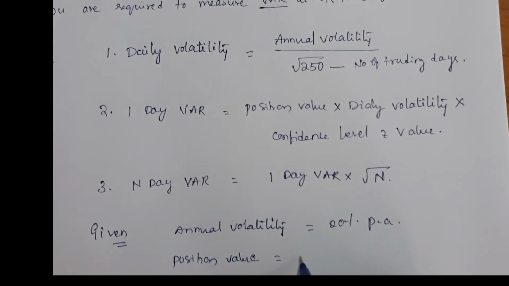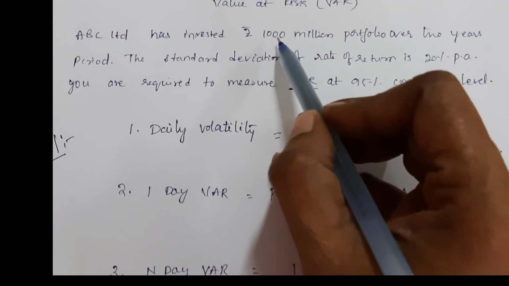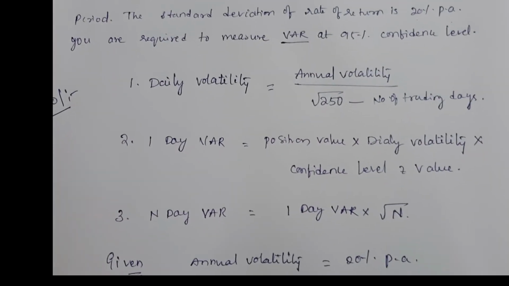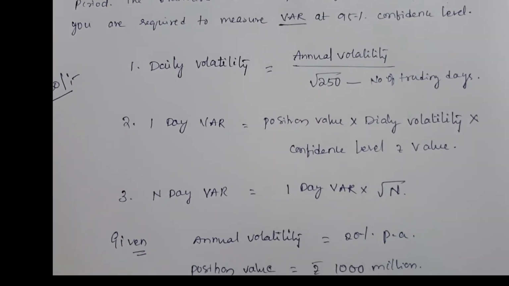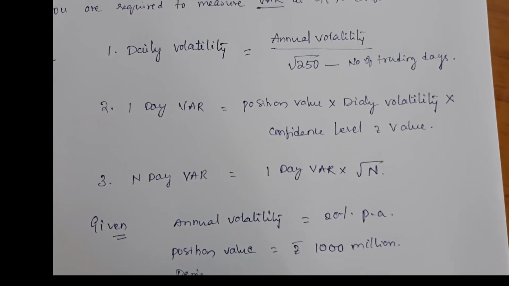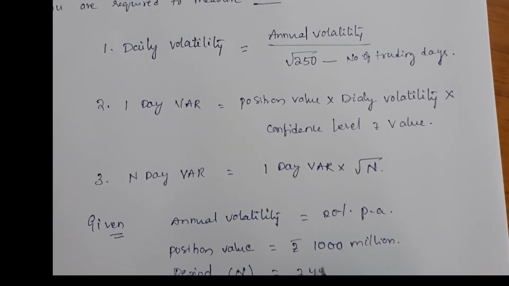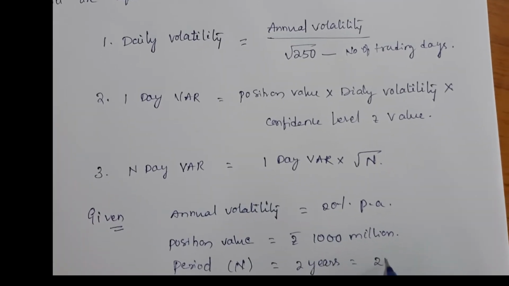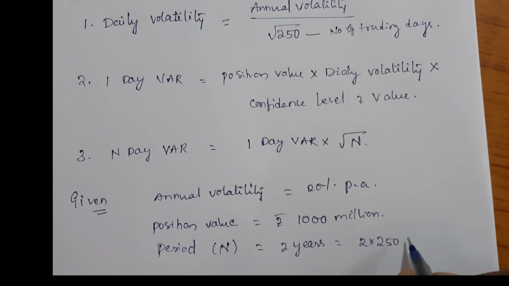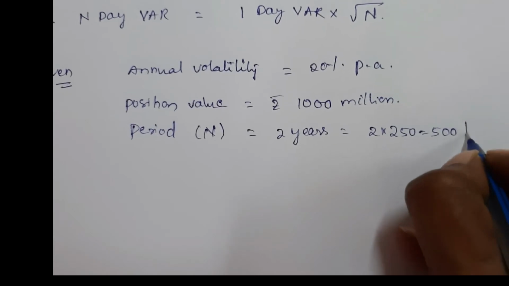Position value is nothing but the amount of investment, which is given in the sum, rupees 1000 million, and period, that is n, given as 2 years. So 2 years is going to be 2 into 250 trading days, which is going to be 500 days.